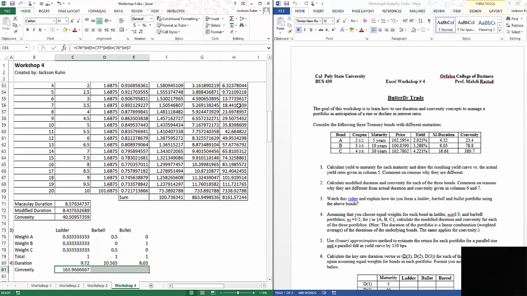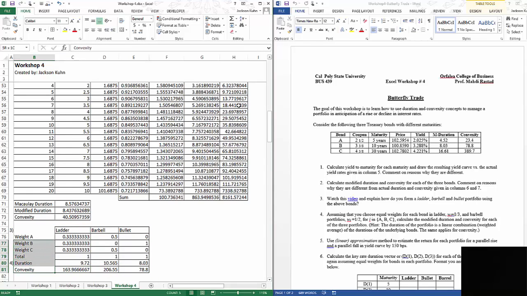And then we can drag that across. So that's how you do questions number 3 and 4. Now that we're done with that, we can just add some borders, so Alt HBA, and we'll do the same thing over here, Alt HBA.